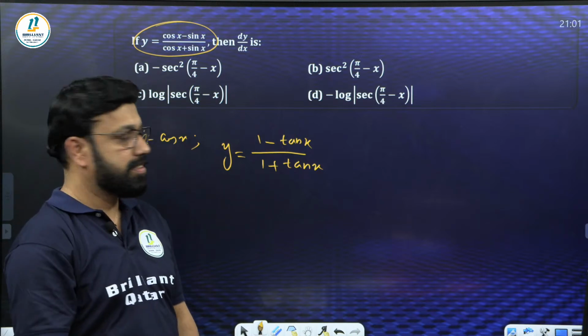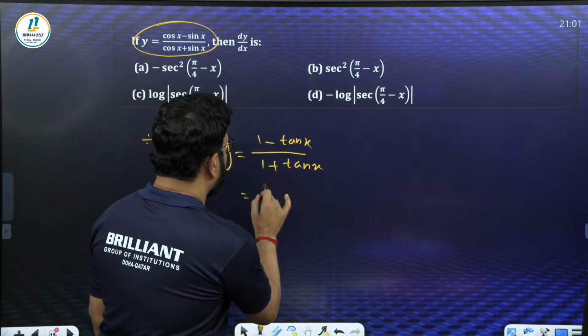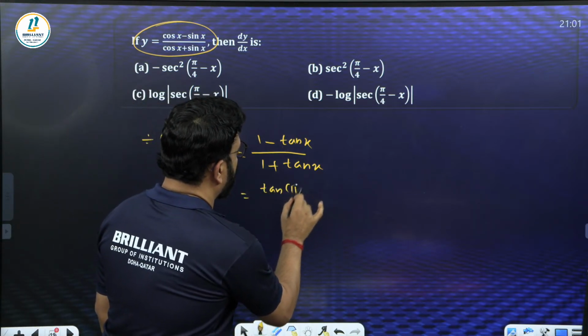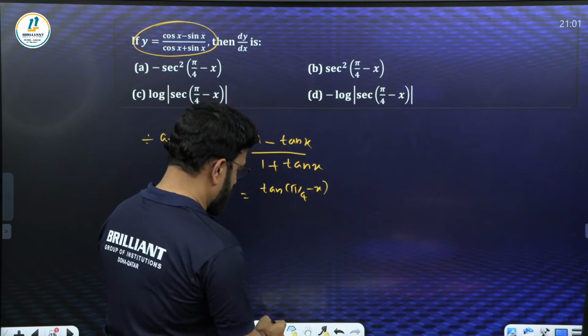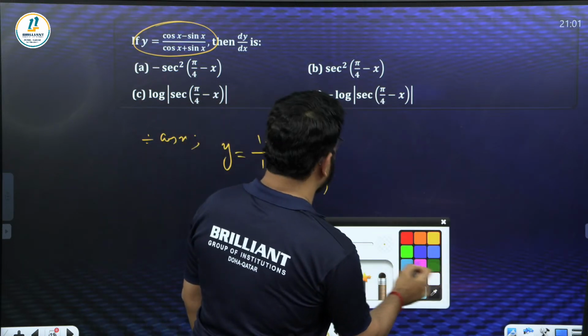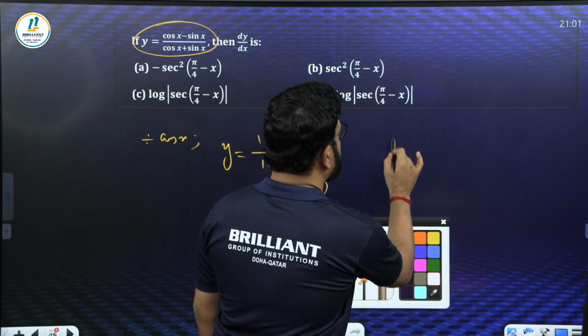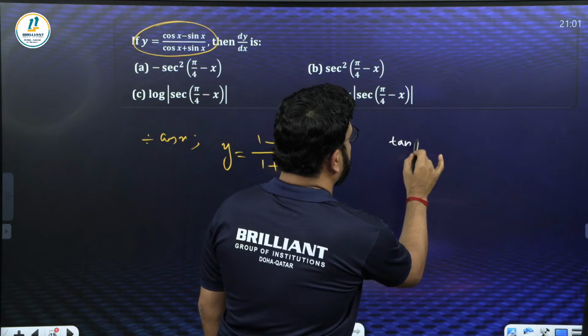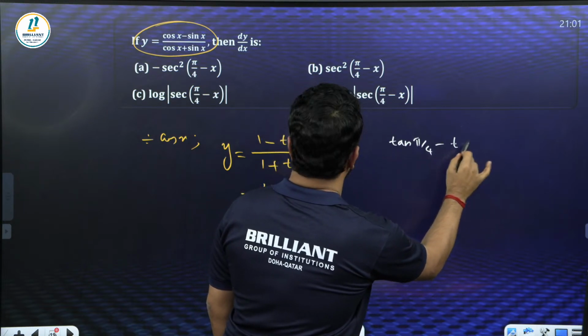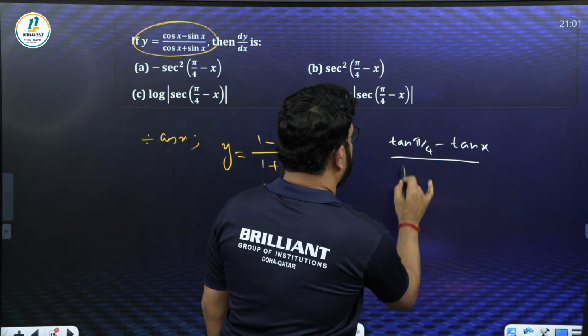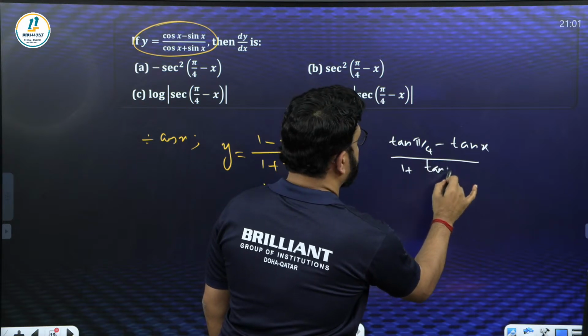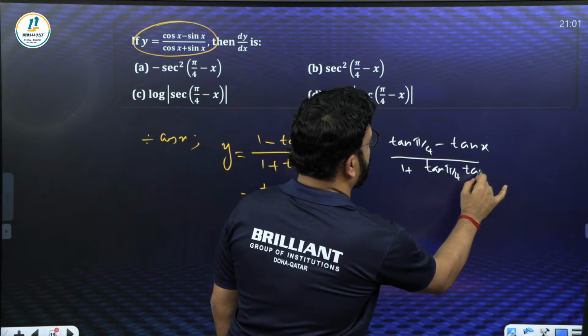You should learn what is the result. Tan pi by 4 minus x. Is it? Because you know this result. Tan 1 means tan 45 degree, tan pi by 4 minus tan x by 1 plus tan pi by 4 into tan x. That same will come.